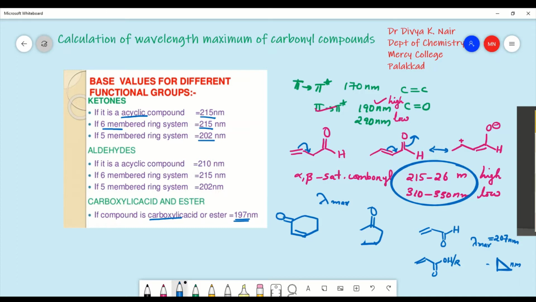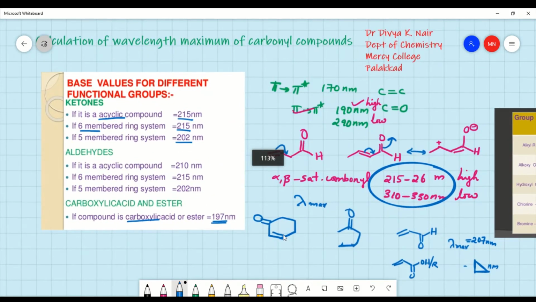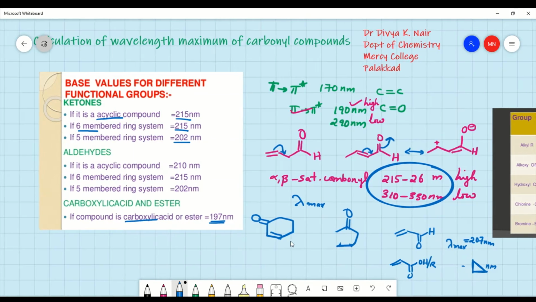Okay, so these are the fundamental things that you have to remember about the basic value of lambda max for aldehydes and ketones.